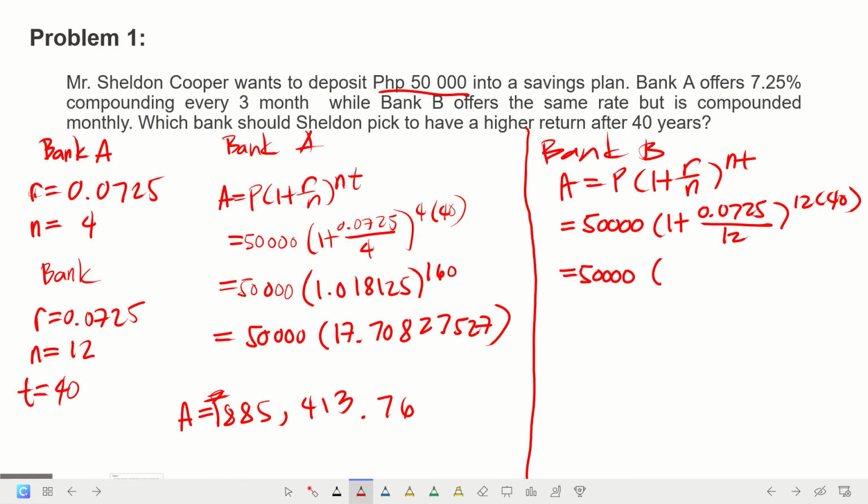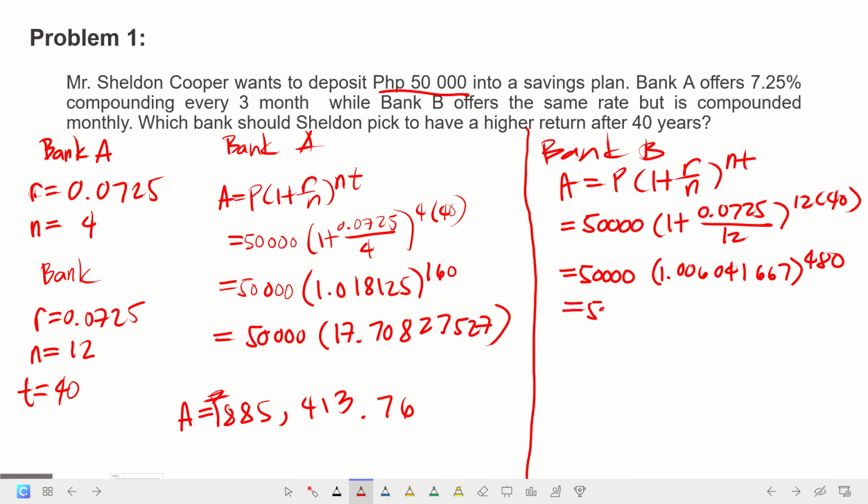0.0725 divided by 12, plus 1 is equal to 1.00604166 raised to 12 times 40 is equal to 480.